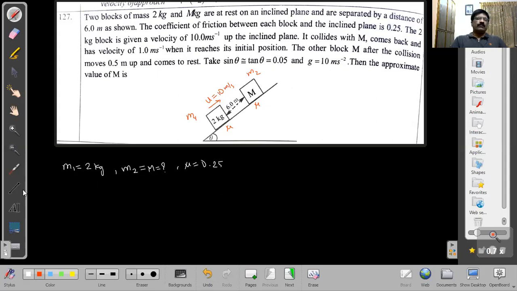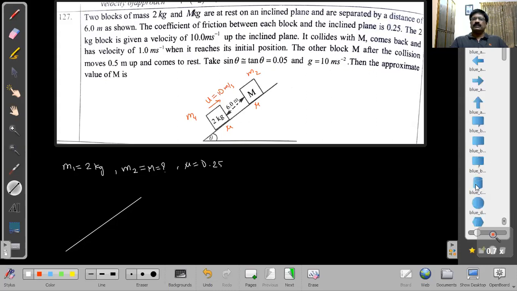This is the inclined plane, of course. There are two blocks kept over the inclined surface.